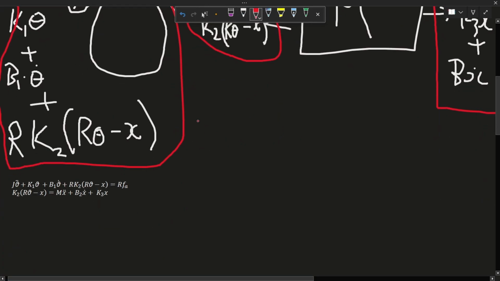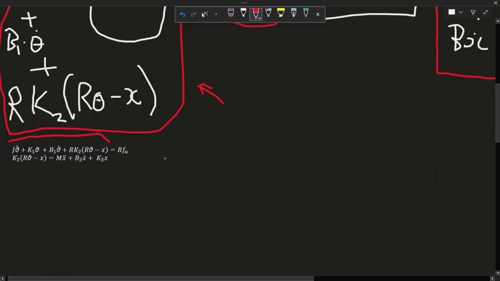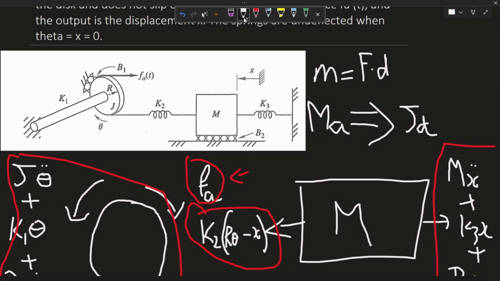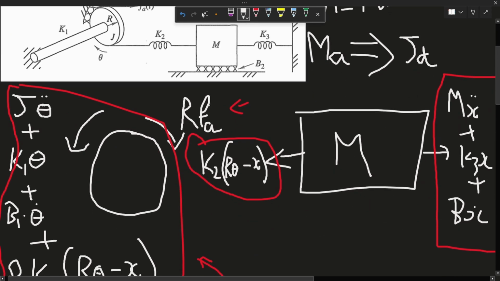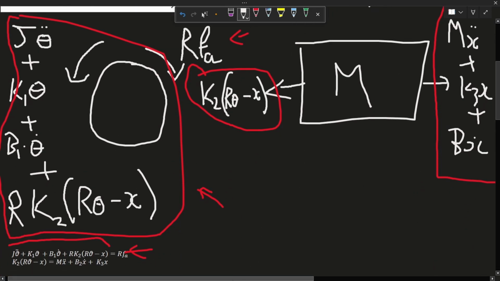This part over here is over here. And the counterclockwise, this is over here. I just forgot to write RFA for the moment. Let me just clear it up. RFA. I just forgot to write RFA earlier, but it's because of the moment.